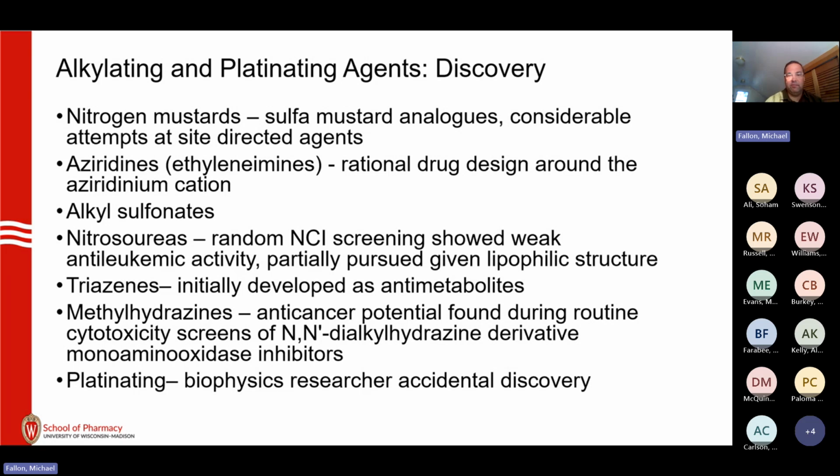Triazines were initially developed as antimetabolites, but found out to be alkylating agents. And then methylhydrazines had anti-cancer potential found during cytotoxic screening. These were developed as psych drugs, but they discovered they had cytotoxic effects. Platinating agents were discovered in California, actually by Linus Pauling's group. So one of the most commonly used cytotoxic agents came out of biophysics research.